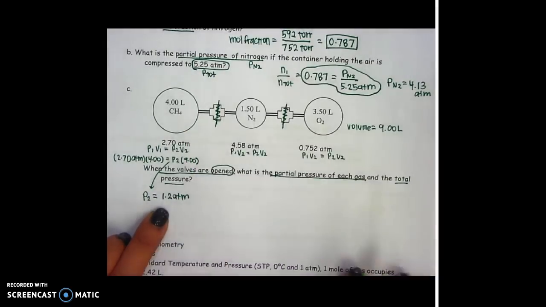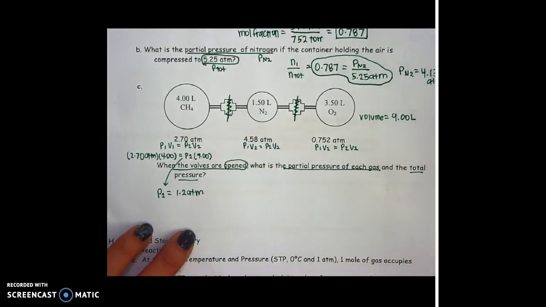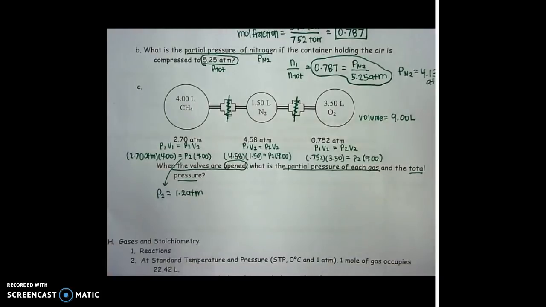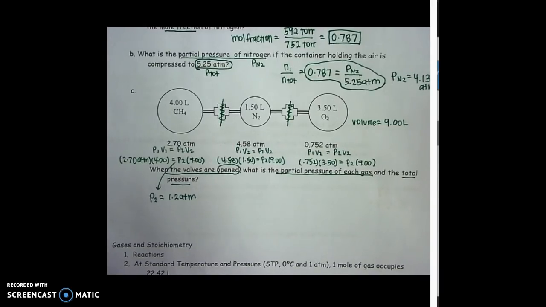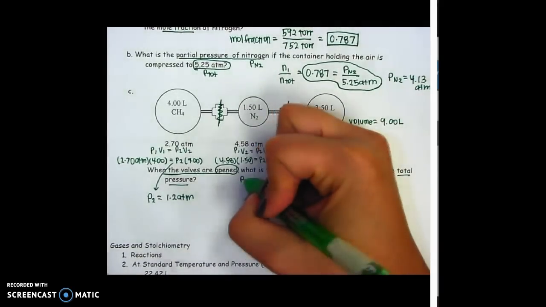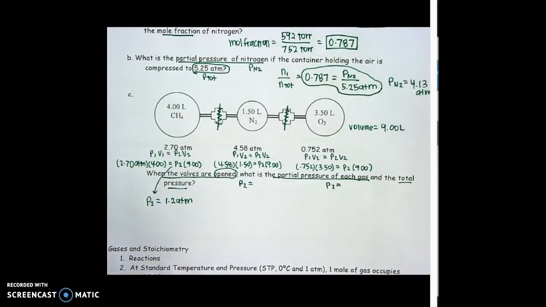And let me show you guys what the setup is. I'm just going to punch in all the numbers and then I'll show you what it's going to look like. So you could see here I set up the second equation using the exact same method that we talked about before. And then the third equation, I'm doing the exact same thing as well. And we're going to go ahead and solve for P2 for each of these down below. So I'm going to just do the same thing I did before, 4.58 times 1.5, divide that by 9.